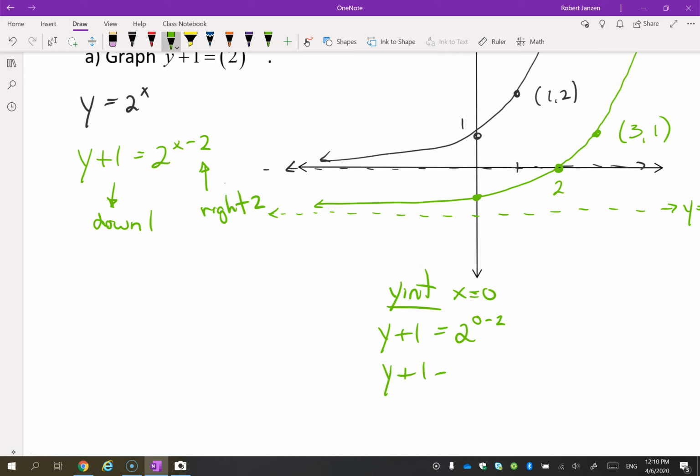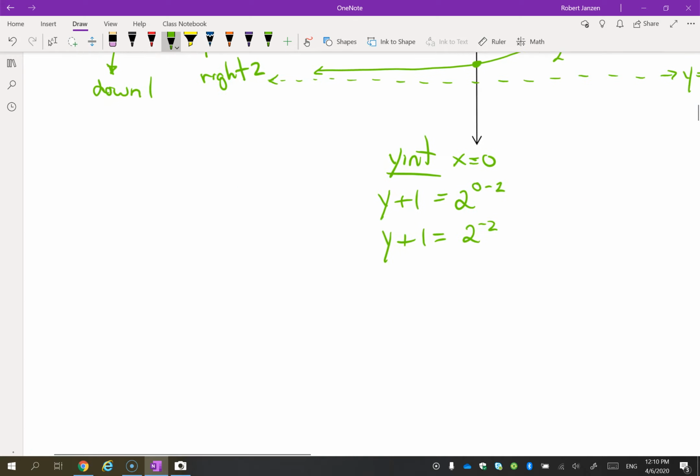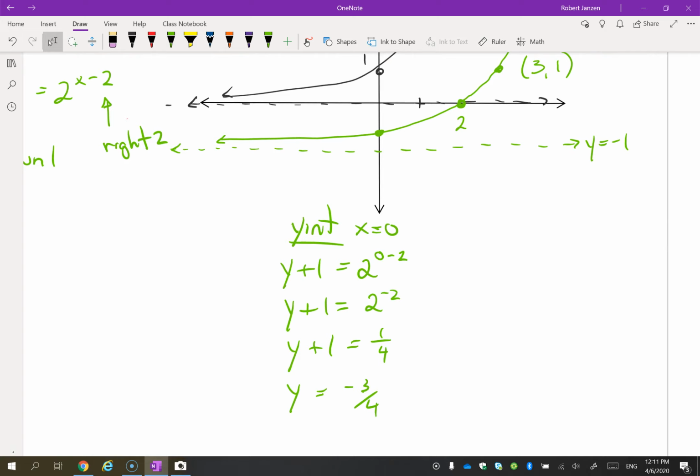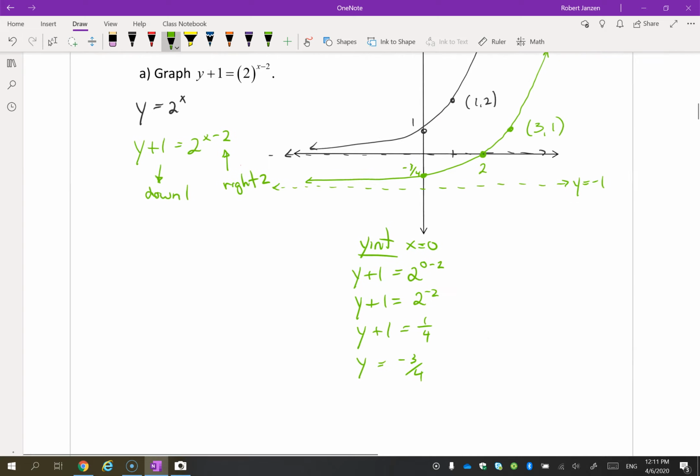So y plus 1 equals, what's 2 to the -2? That's 1/4. So y equals, if we take away a 1 now, you get -3/4. Okay, there it is. Done.